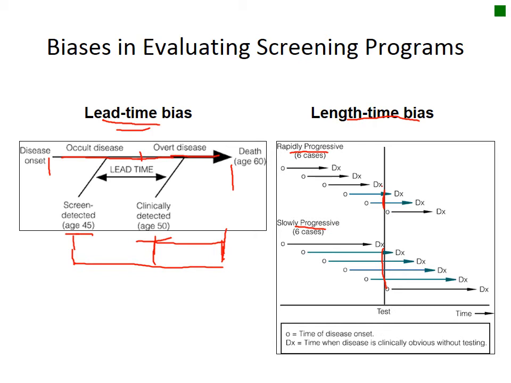The incidence is probably a better term to use here. The incidence here would be quite lower in the rapidly progressing disease versus slowly progressing disease. So just a couple of biases that clinicians, scientists, and policymakers want to know so that you can prepare for your screening.